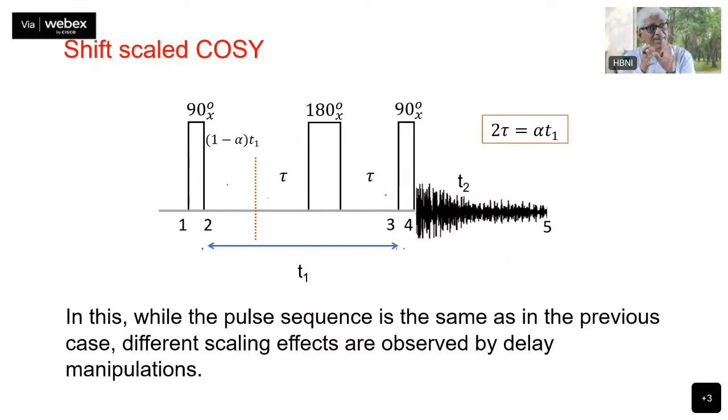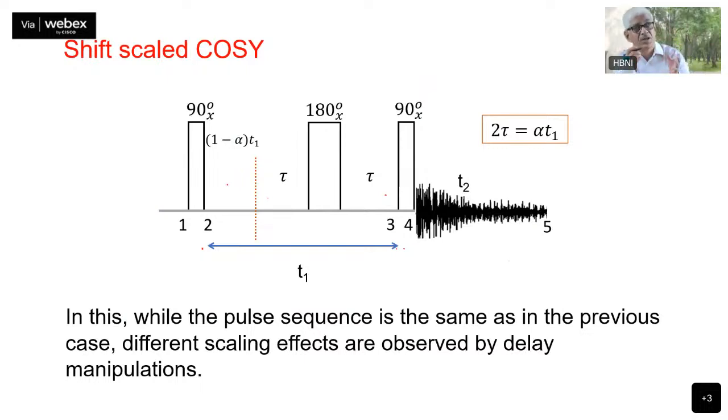The evolutions will happen in the same manner as before, except now the chemical shifts will evolve for the period 1 minus alpha times T1, not for the period T1. Chemical shifts will now evolve for the period 1 minus alpha times T1, whereas the coupling constant will evolve for the whole period T1. So what will happen then? Choosing your value of alpha, since alpha is positive, your chemical shifts will be scaled down, because 1 minus alpha is of course less than 1.